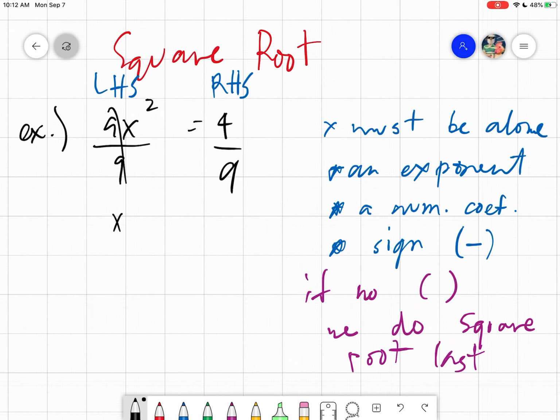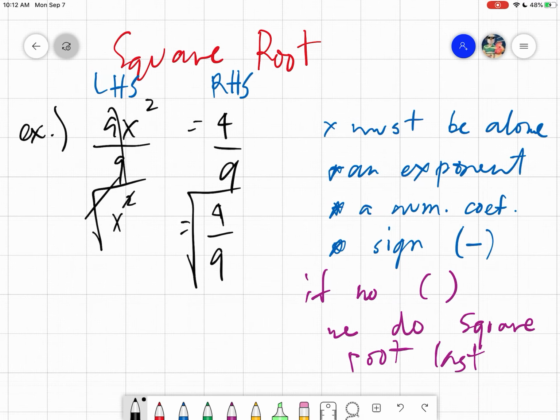Since it is cancelled out, we have x squared on one side and 4 over 9 on the right side. So what do we do next? We simply have to eliminate the square, and to eliminate the square, we get the square root. That's why this method is called the square root method, because what we specifically do is get the square root.